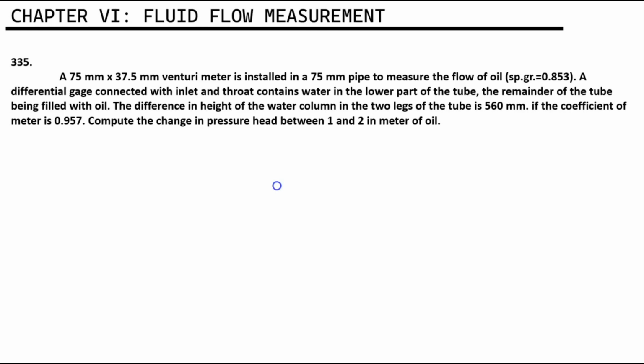A differential gauge connected with inlet and throat contains water in the lower part of the tube, the remainder of the tube being filled with oil. The difference in height of the water column in the two legs of the tube is 560mm. If the coefficient of meter is 0.957, compute the change in pressure head between 1 and 2 in meter of oil.